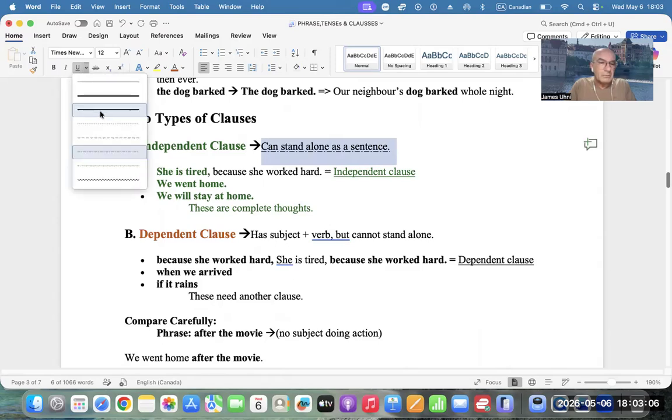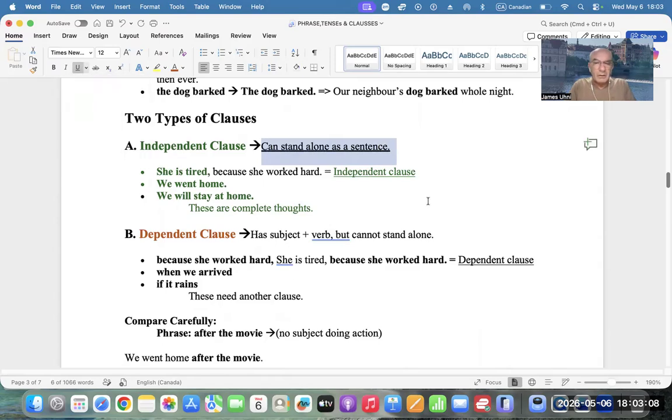And this one cannot stand alone. All right? Now, why can it not stand alone? Even though it has a subject and verb, it still cannot stand alone. Because of this.